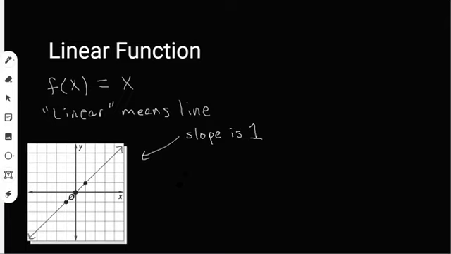You could actually write this function as f of x equals mx plus b. Right? You learned in Algebra 1 that you can write a line as mx plus b, where m is the slope and b is the y-intercept. Remember that? Maybe, maybe not.